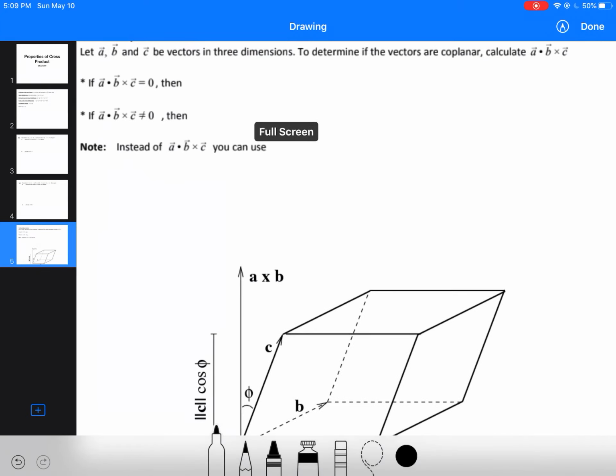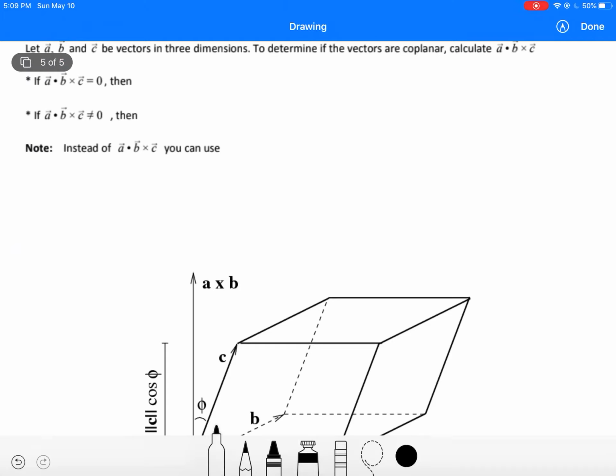Let's summarize that on the last slide. If you have vectors in 3 dimensions, A, B, and C, if the triple scalar product is 0, then the vectors are coplanar. If the triple scalar product is not equal to 0, then the vectors are not coplanar.